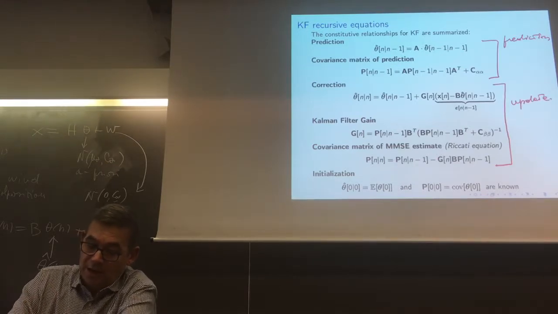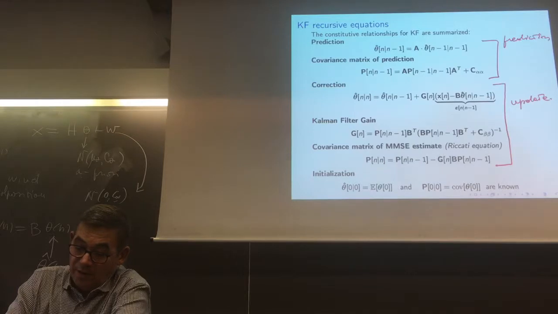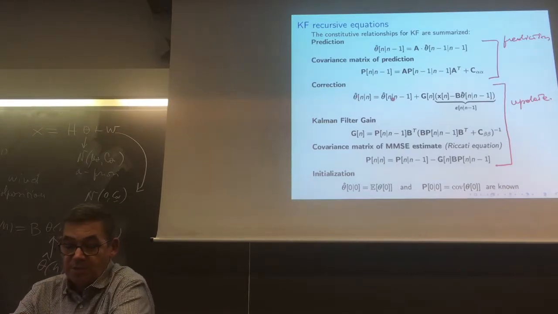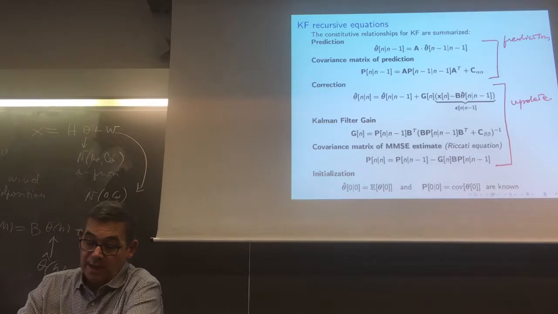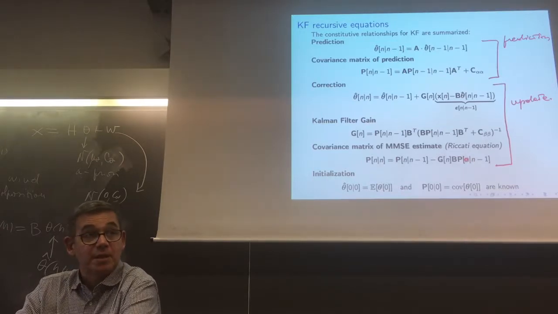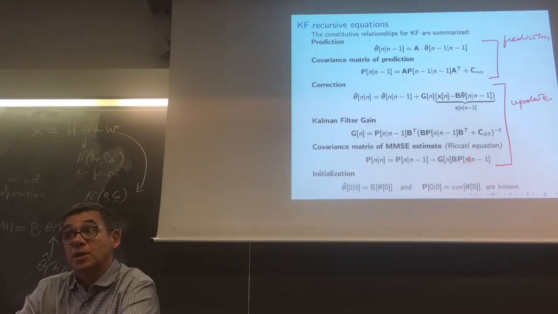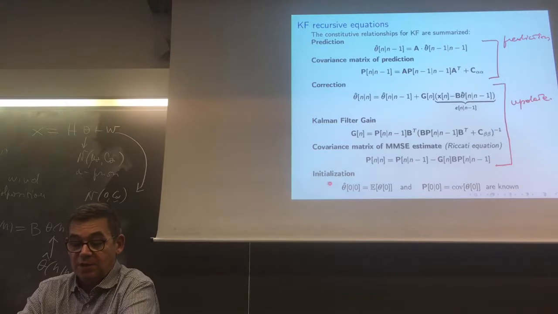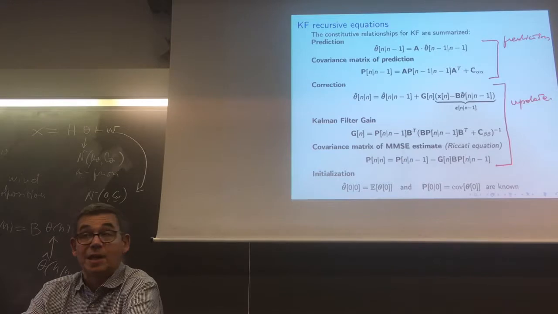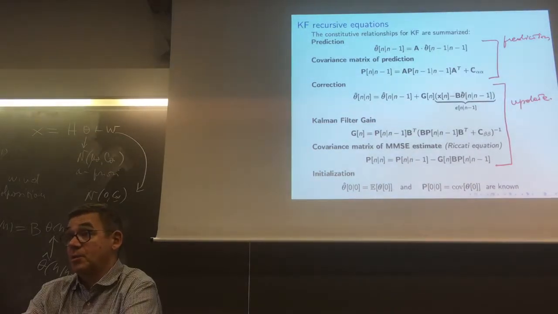From the update, I have the correction, which means that the a priori value is corrected by the error. And then I update the covariance matrix, the posteriori using the priori. And everything is ruled by the Kalman filter gain, which is here, and it has to be computed. Everything after initialization. So all these make the set of Kalman filter equations.